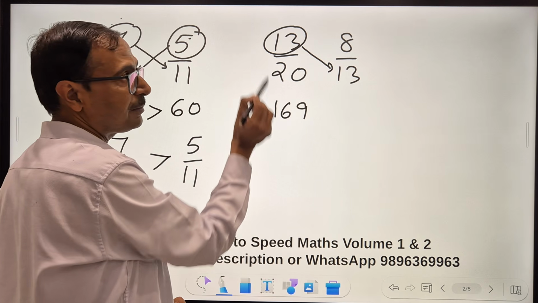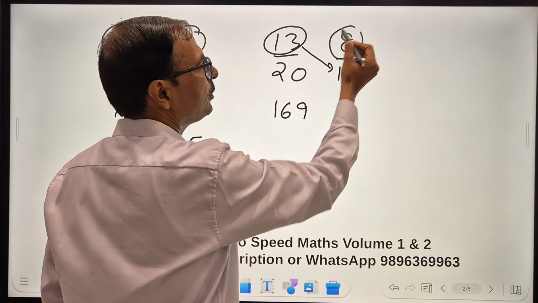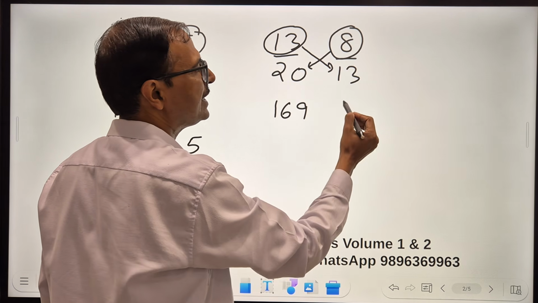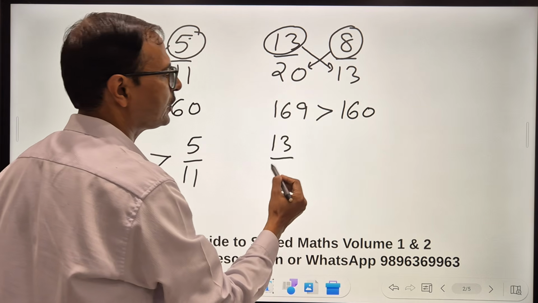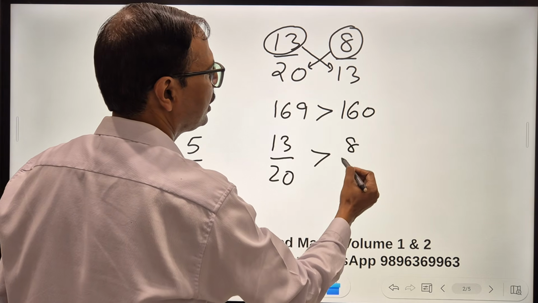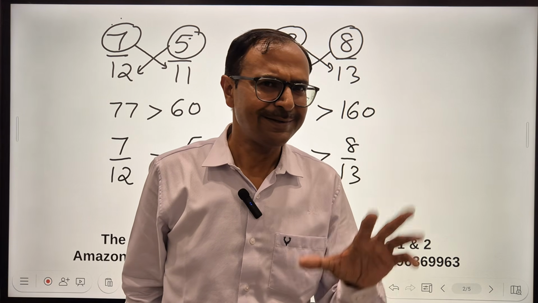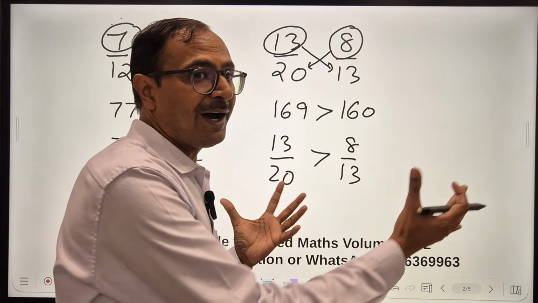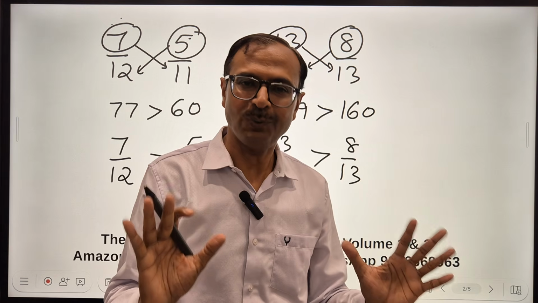I'm writing it below this numerator, okay? And the numerator here is 8. 8 times 20, 160. 169 is greater, so this is greater. 13 upon 20 is greater than 8 upon 13. I hope you understood this, right? Now, in the next slide, I am going to get into finding the largest and the smallest one.